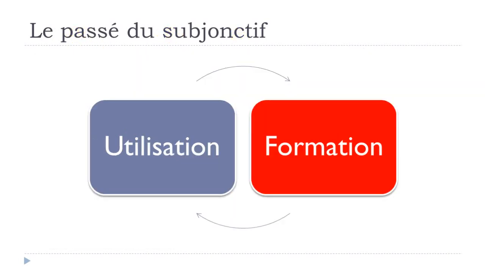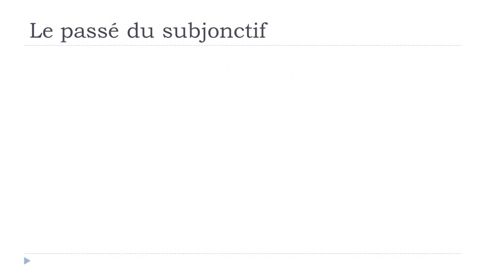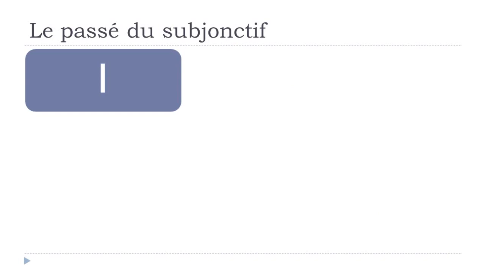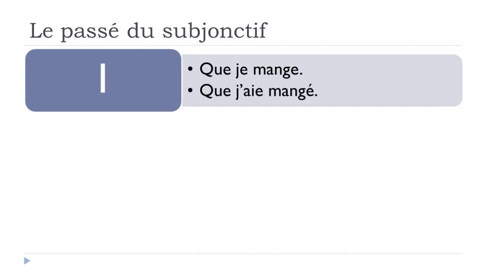Okay, so now we'll see how to make this passé du subjonctif. And first, the best way will be to have a look at this first sentence, que je mange, and it is the subjonctif présent form, okay, and the second one, que j'aie mangé. This is le passé du subjonctif.